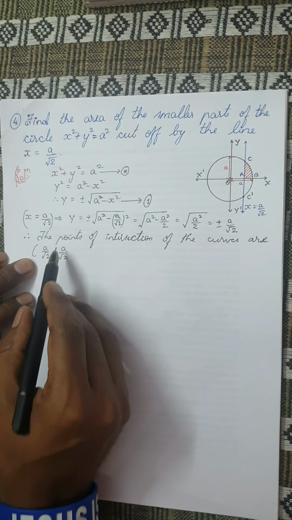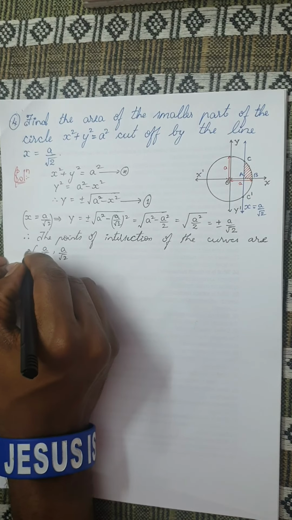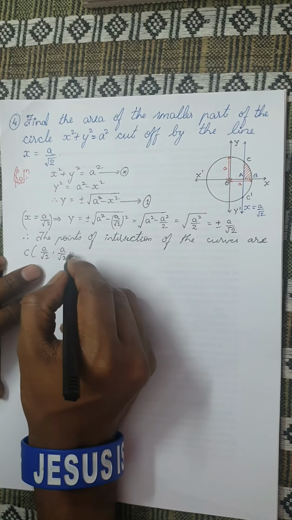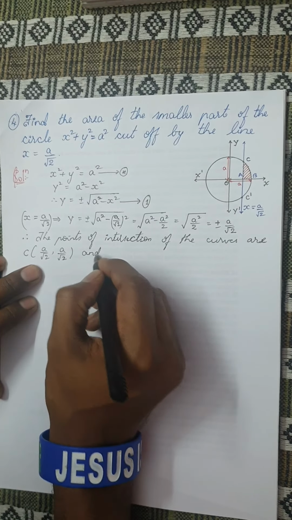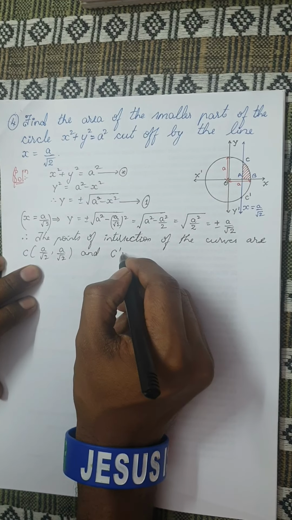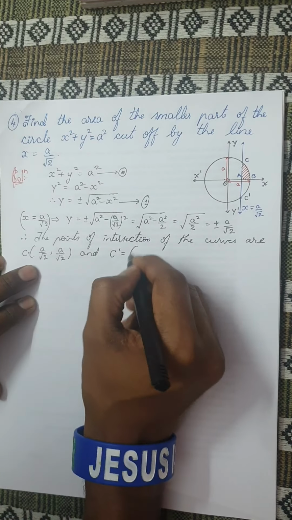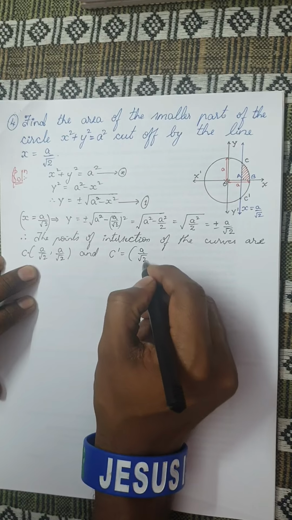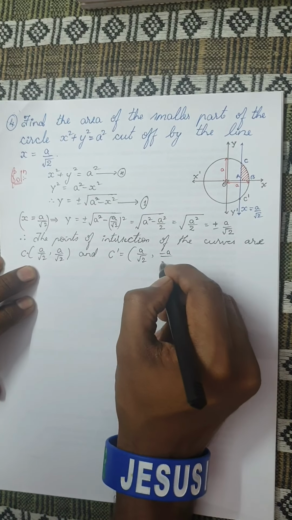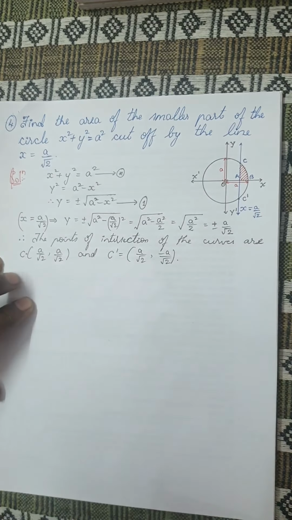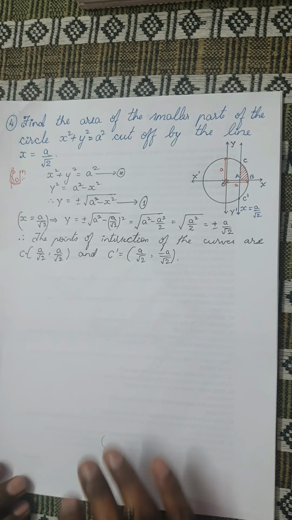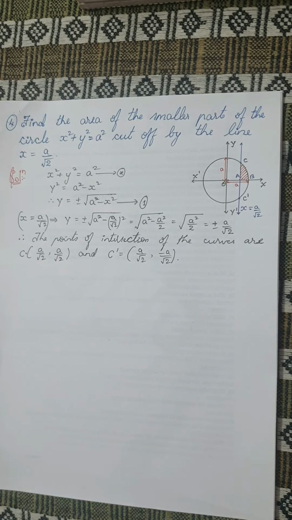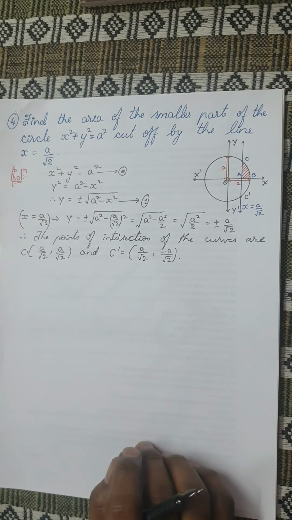So the points of intersection of the two curves are C, which is a by root 2 comma a by root 2, and C dash, which is a by root 2 comma minus a by root 2. Okay, so this is enough for me to go on finding the required area.